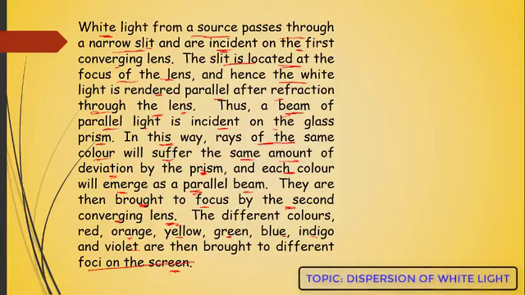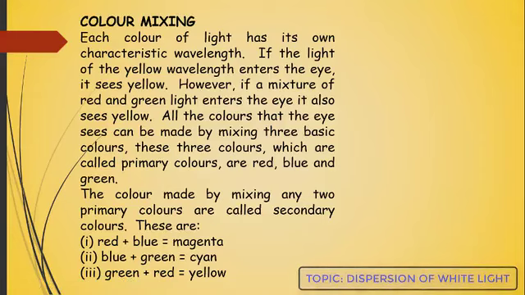Now let's see how colors are mixed to obtain what we call secondary colors. Note here that each color of light has its own characteristic wavelength. Every single color has its own characteristic wavelength. If light of yellow wavelength enters the eye, we will see yellow.